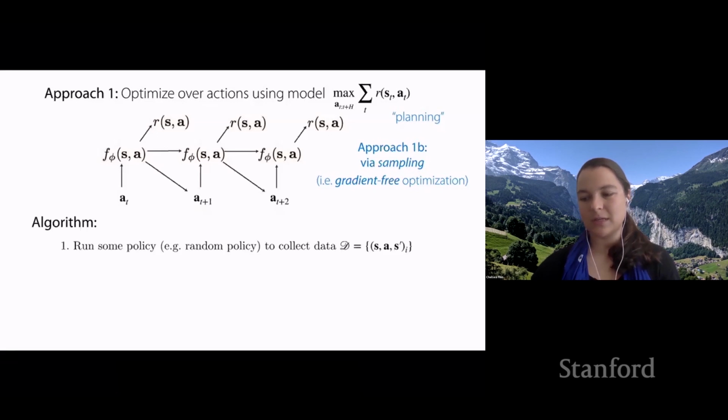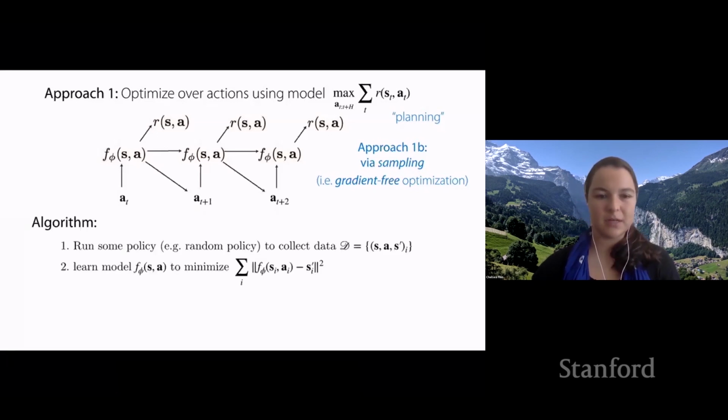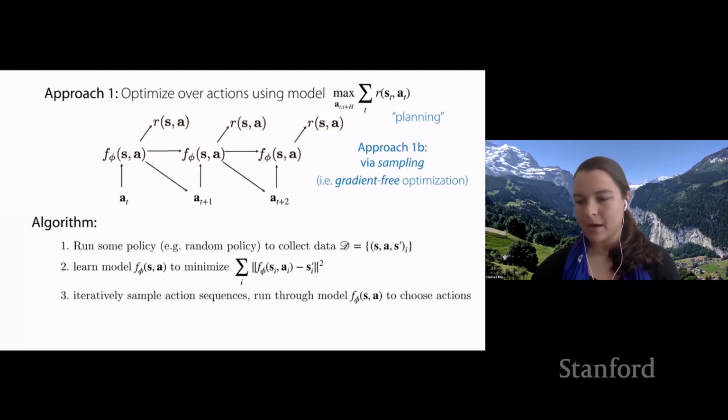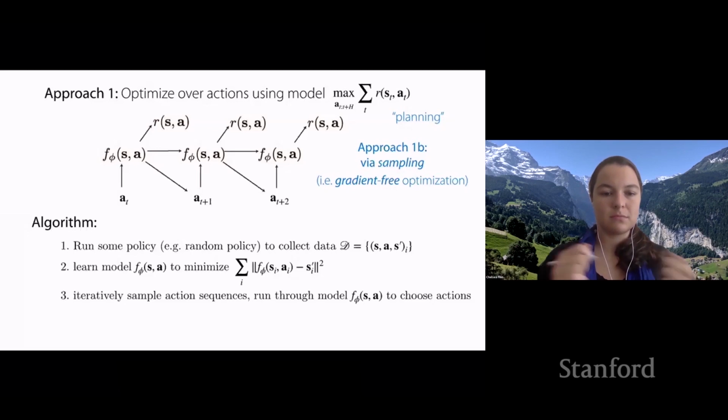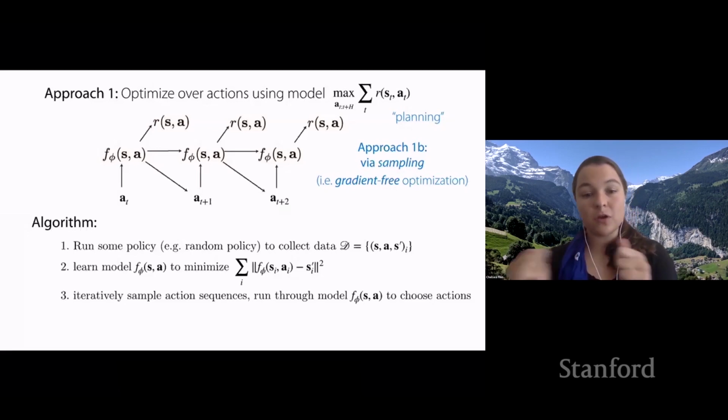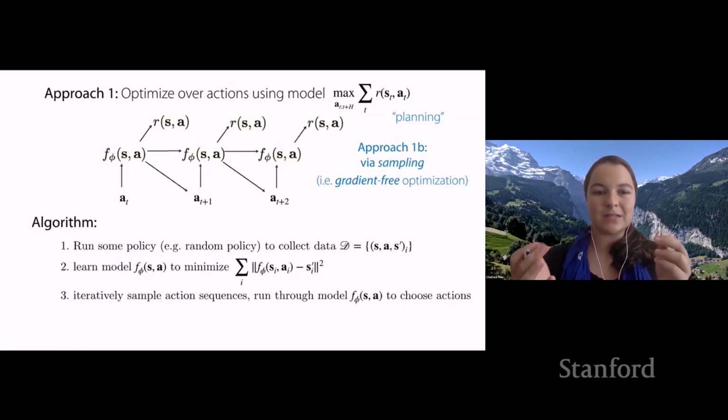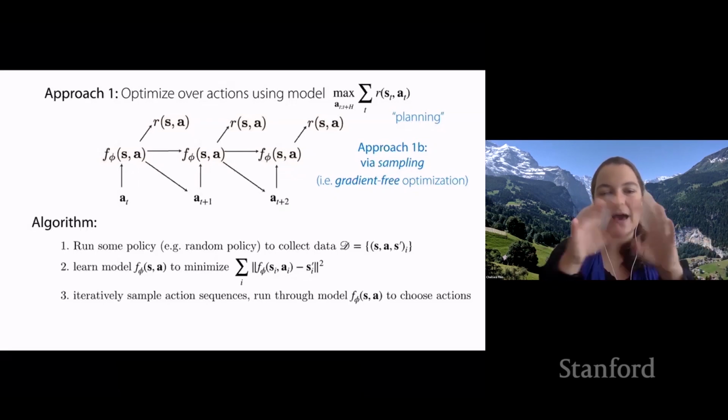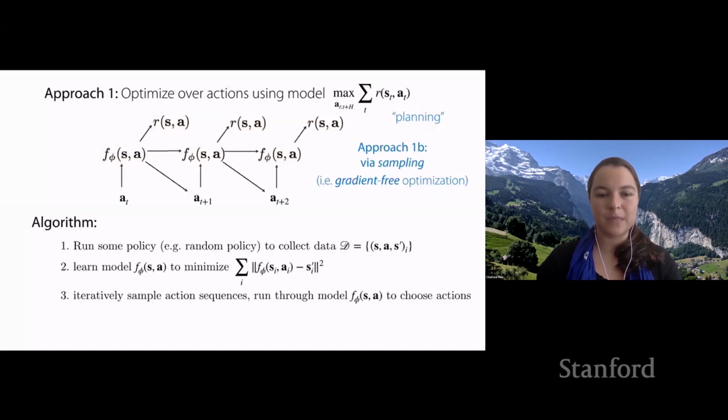And the way that this works is the first two steps are the same. You collect some data, you train a model, and the third step is a little bit different. So instead of doing a gradient-based optimization, you instead iteratively sample a large number of action sequences, run those action sequences through the model, and either pick the action sequence that led to the highest reward, or pick the top K% of action sequences, and then iteratively refine that set of action sequences.